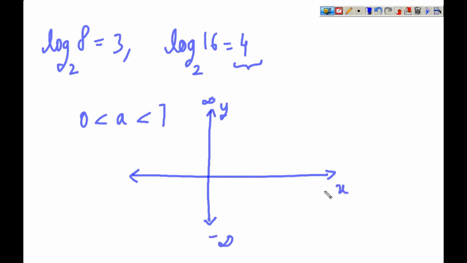So this is positive infinity and negative. The graph is kind of opposite of what we had before.